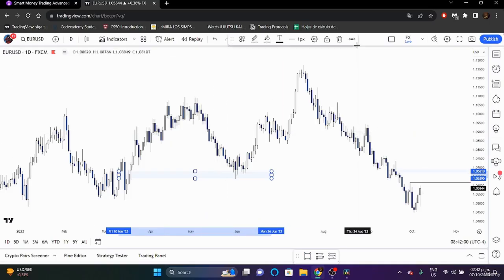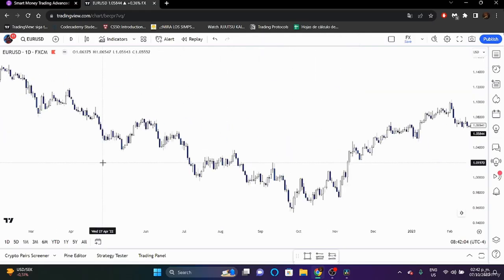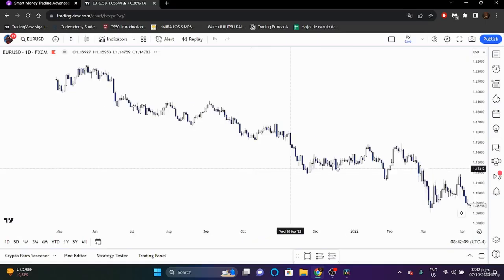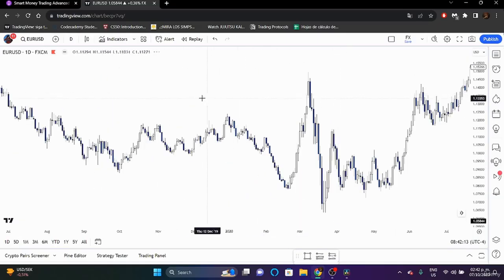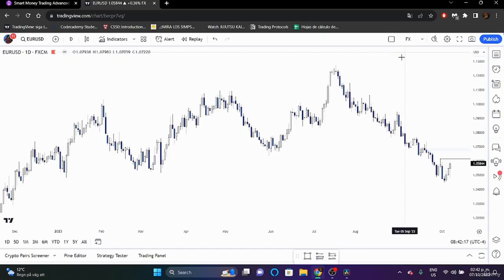Okay, that's a volume imbalance on the daily. I don't know if there's more on euro. Okay, I believe there's no more that I can recall on my trading, but it's a phenomenon that we can find in many charts, not just in euro.